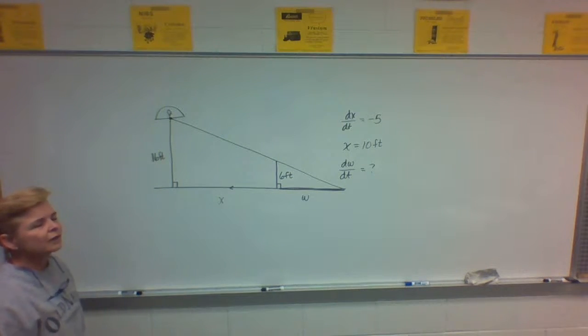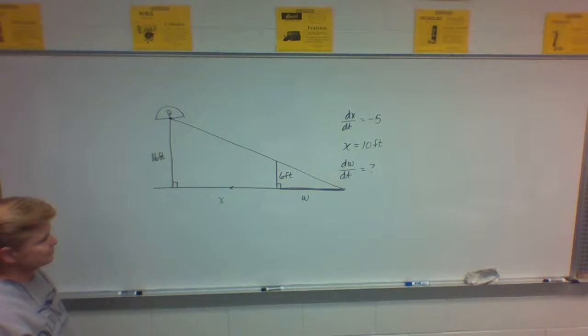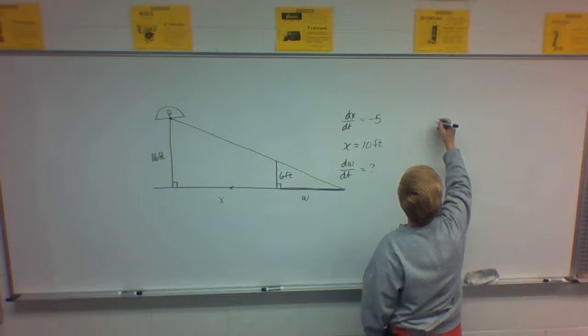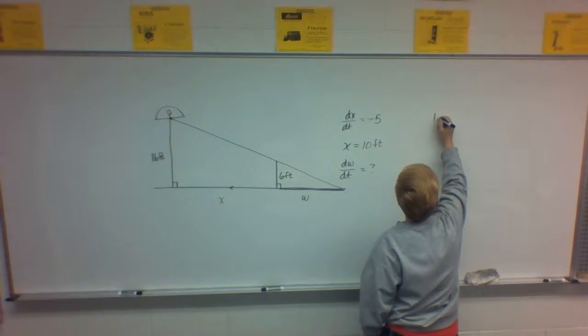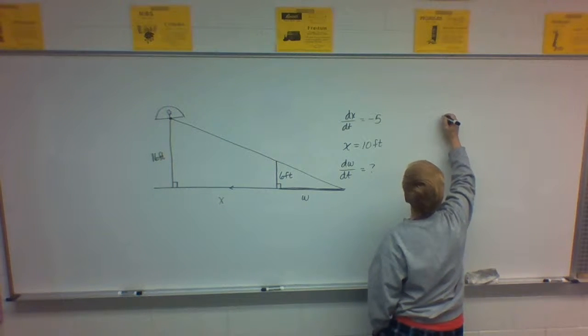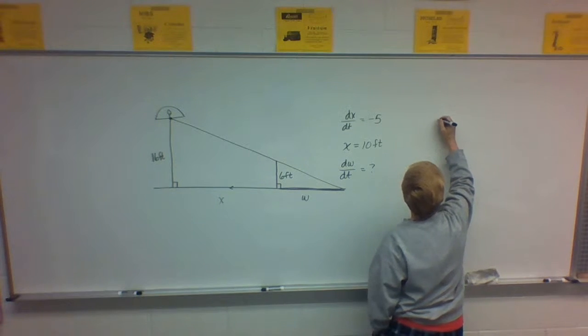Similar triangles? Similar triangles, exactly. And similar triangles have proportional sides. So what would you like to put as some sort of an equation? W over 6, not X over 16.